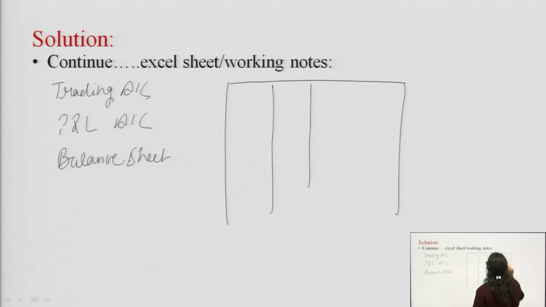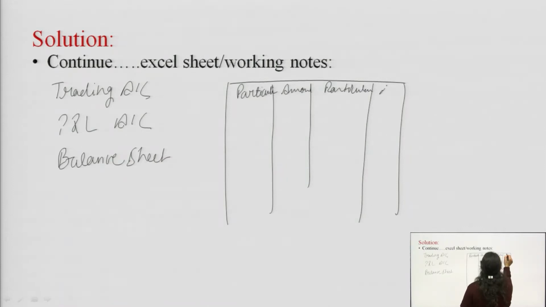This would be your particulars, amount, particulars, amount. Similarly, we do this for the trading account and for the P&L account.